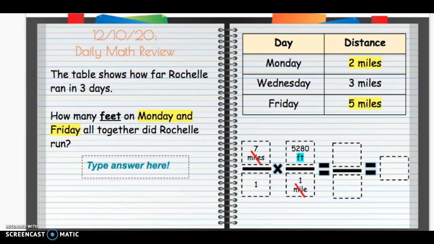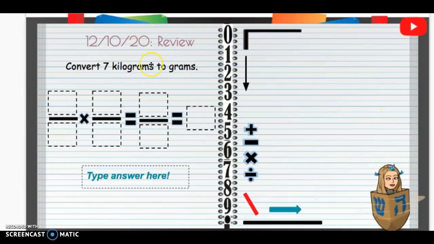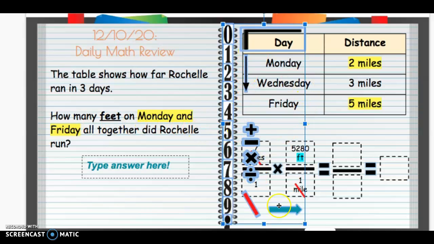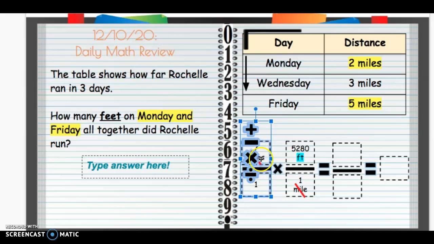And I don't know where your numbers are, so let me get you your numbers. That should have all been there. So let me get you your numbers so you don't have to worry about that. And let me get rid of all that. And let's move these over here.